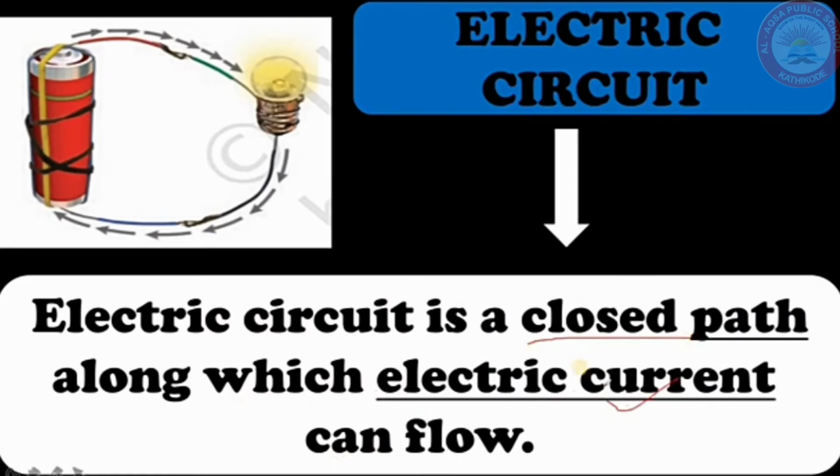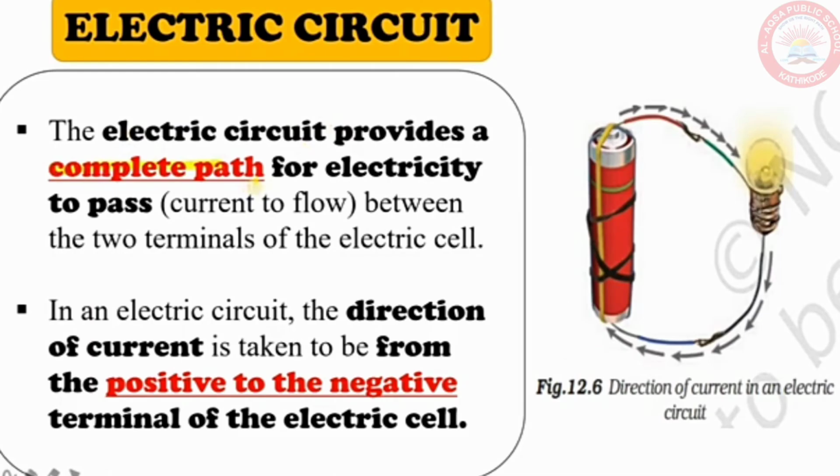So we can say that an electric circuit is a closed path along which electric current can flow. Here we can see that there is no gap between the bulb and the electric cell. The electric circuit provides a complete path for electricity to pass between the two terminals of the electric cell.